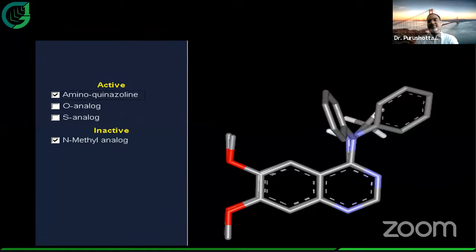But in this case, this hydrogen is not involved in hydrogen bonding. In spite of that, we lost the activity.